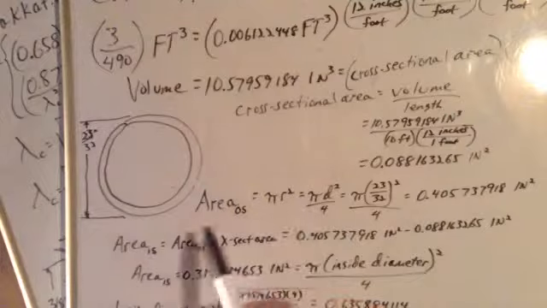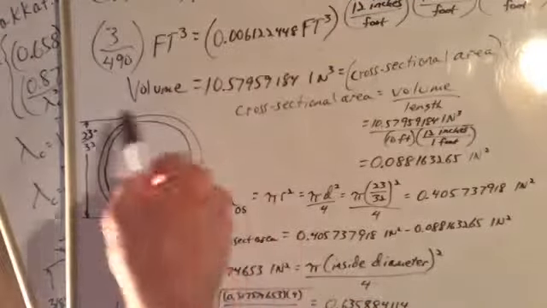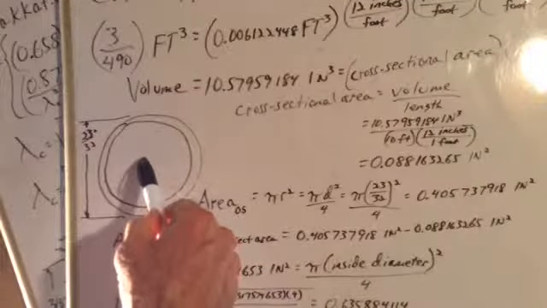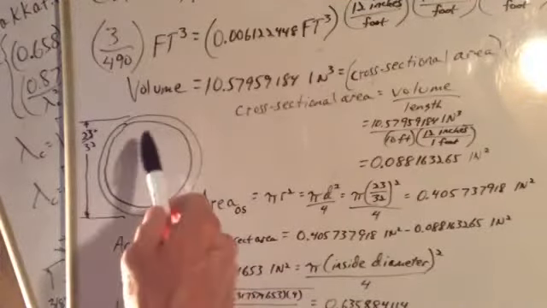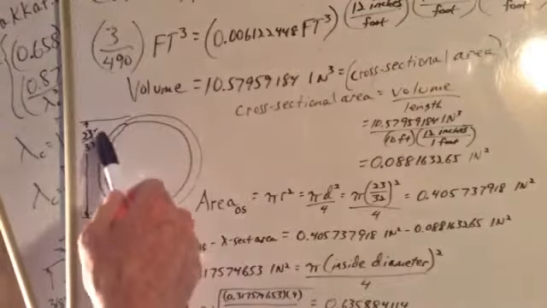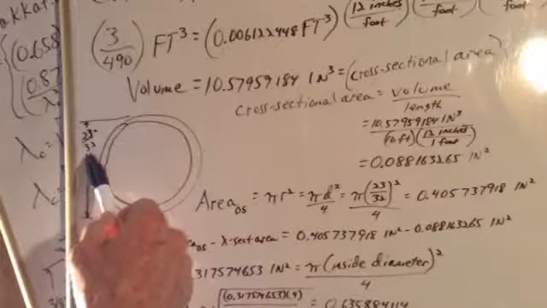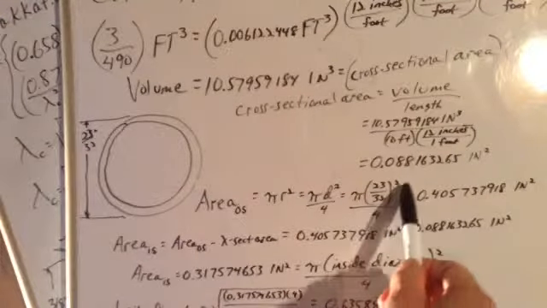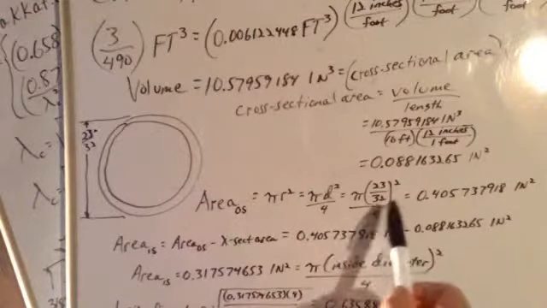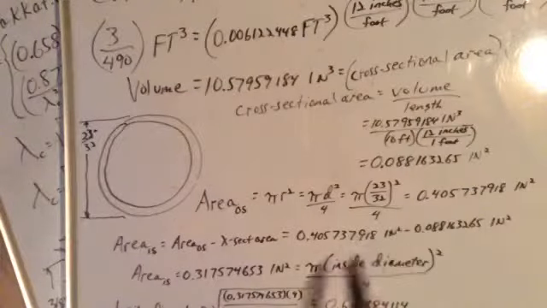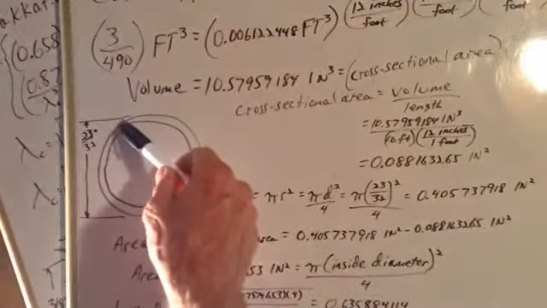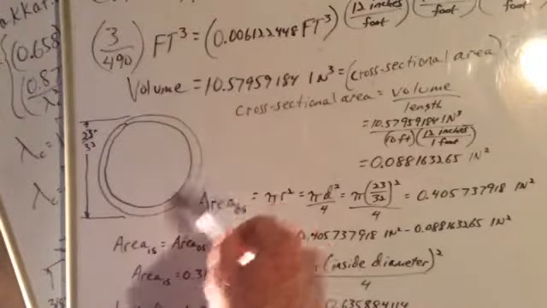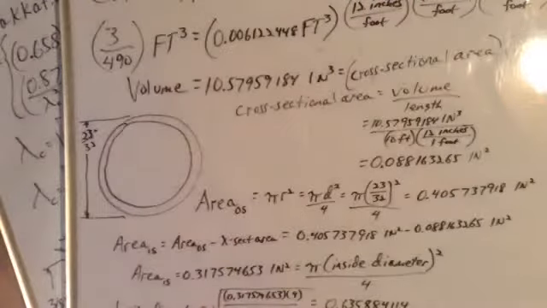The area of this outside diameter is pi r squared, or pi times diameter squared over 4. The diameter is 23/32 of an inch, so pi times 23/32 squared over 4 equals 0.405 square inches. That's the area of all the area inside of this outer circle.